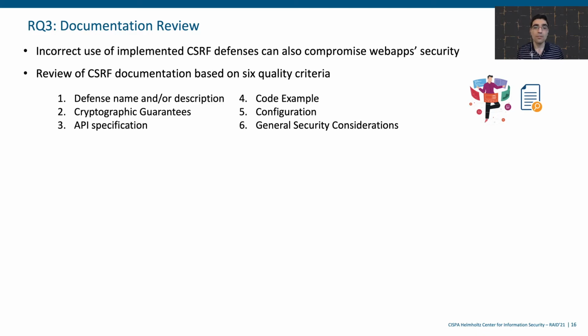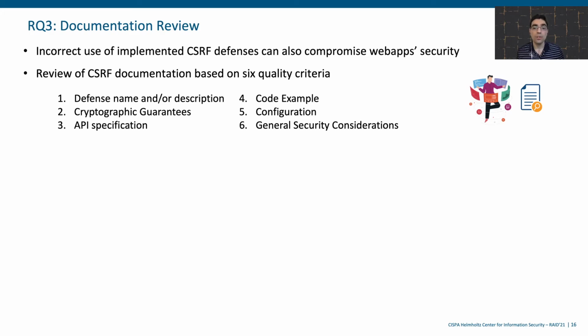Incorrect use may stem from missing or misleading documentation about the name or description of the CSRF defense itself and its cryptographic guarantees, under-documented API specifications, wrong or missing code examples, insecure defaults and configuration parameters, and finally, other general security considerations. For instance, known behaviors that can weaken the security guarantees when not protecting state-changing operations against CSRF attacks.